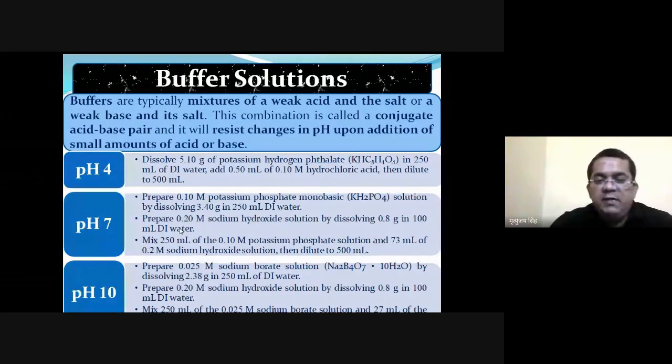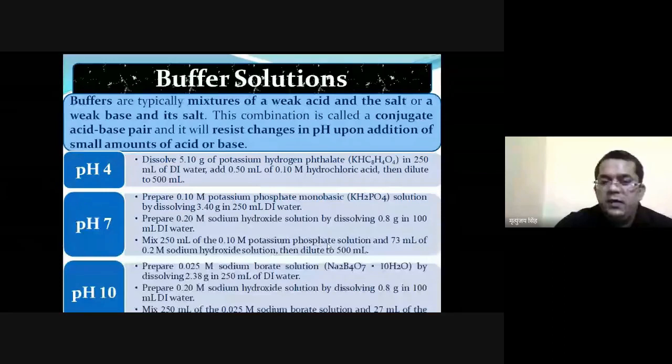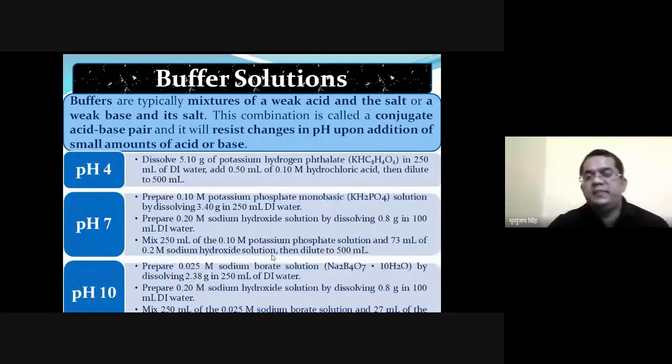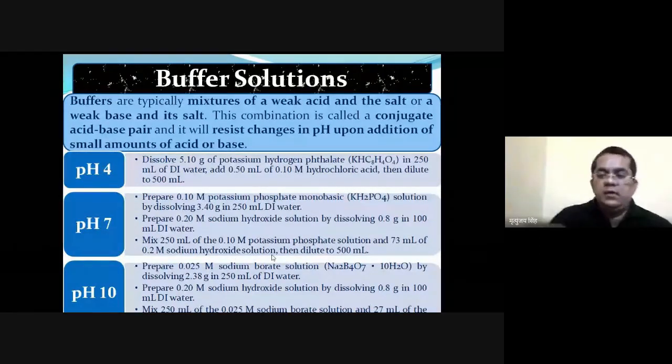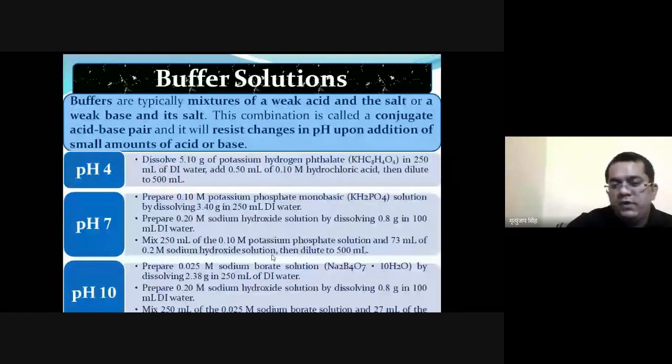Mix 250 ml of the 0.1 molar potassium phosphate solution and 73 ml of 0.2 molar sodium hydroxide solution, and then compensate the volume to 500 ml with DI water.